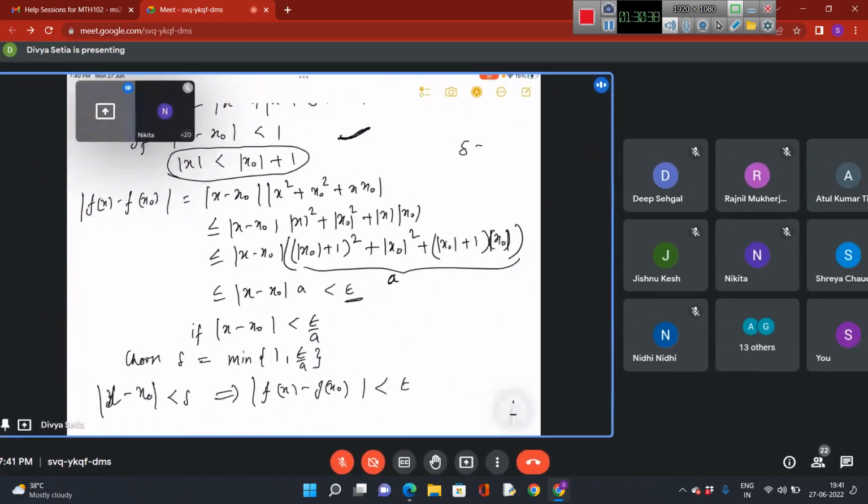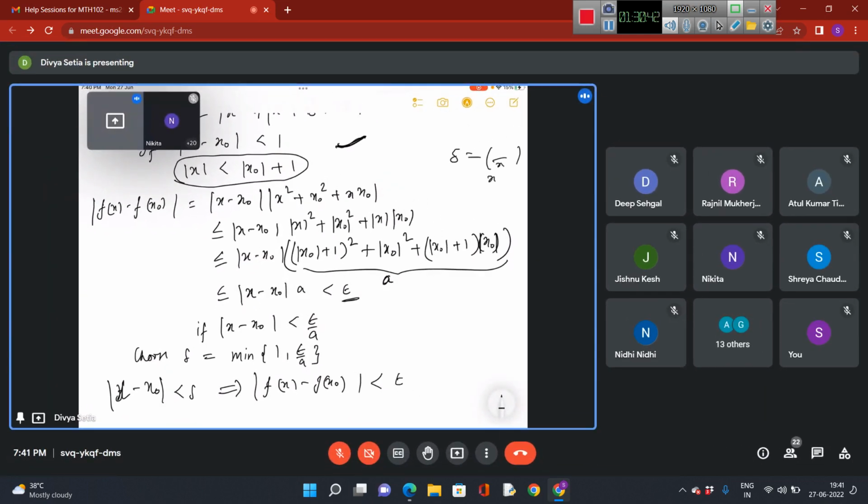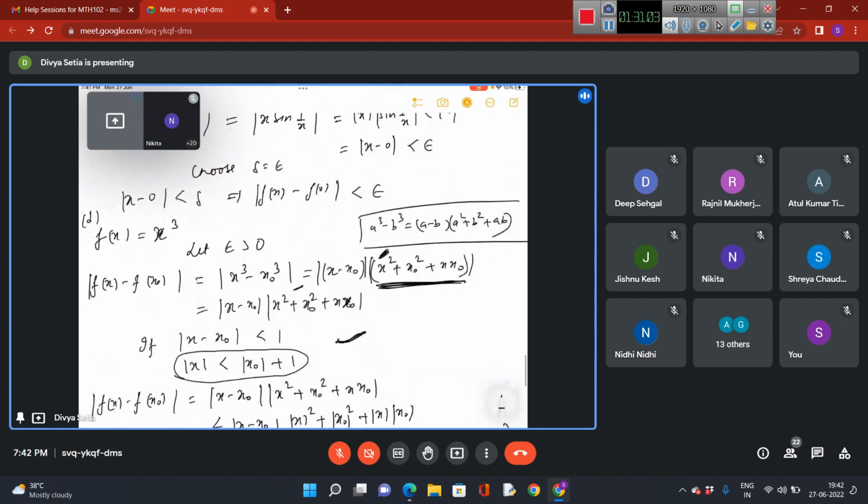But don't choose your delta to be dependent on some x, or like x times epsilon. No, these are completely wrong notations. Delta cannot be a variable, it has to be a real number. Fine. I'm just warning you because I know that many students will commit this mistake. Choosing your delta, whatever extra part is here, just make it less than epsilon and putting it in the denominator.